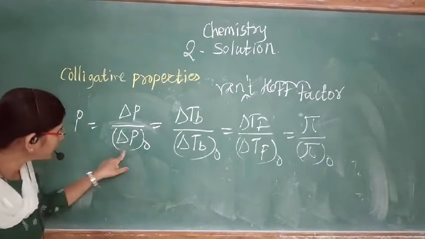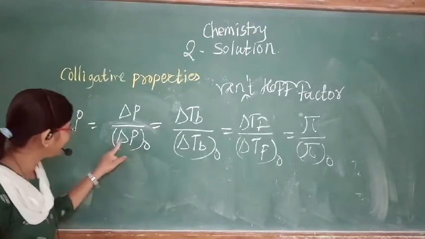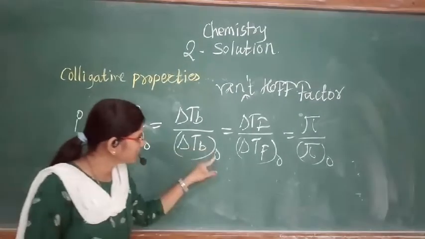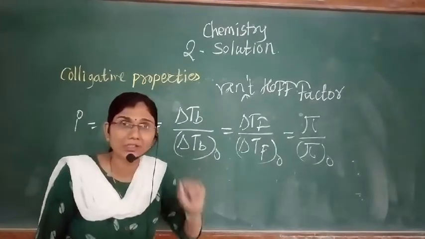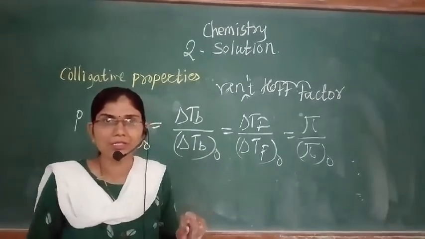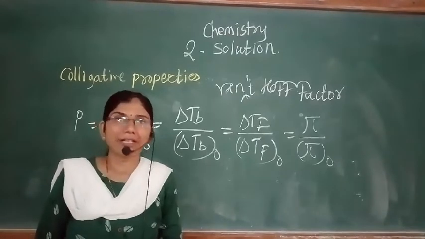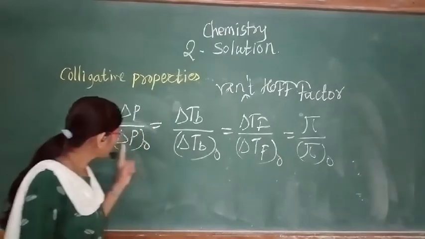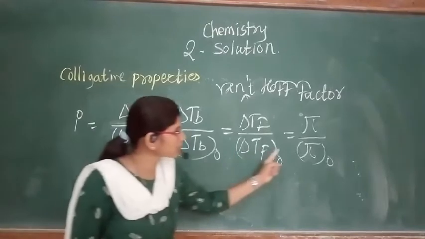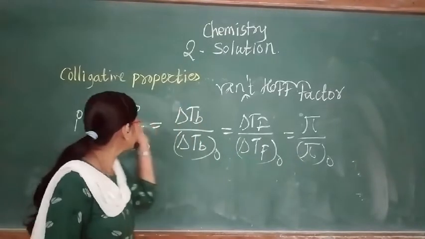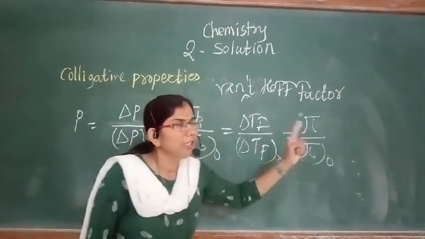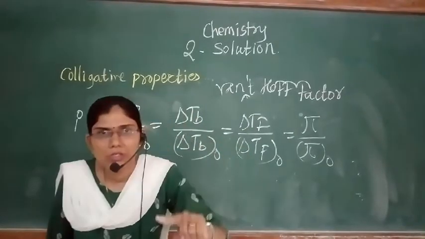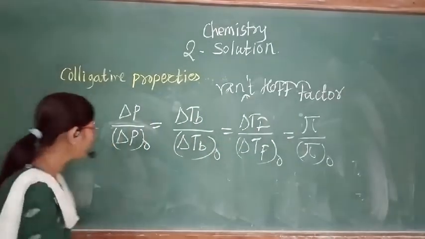The theoretical colligative properties are denoted by delta P naught, delta TB naught, which we have studied in this topic. So these are the four colligative properties for the non-electrolytic solution, and these are for the electrolytic solution.